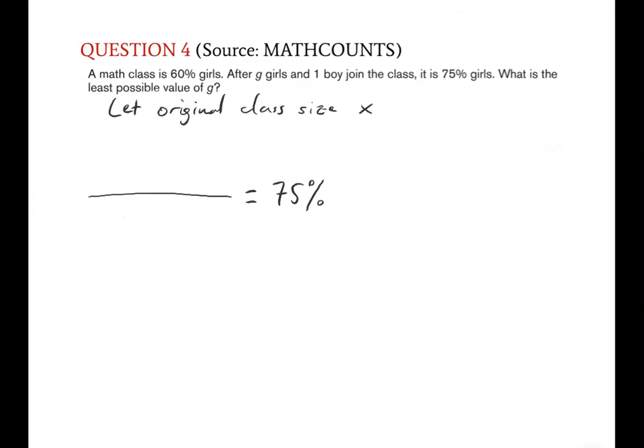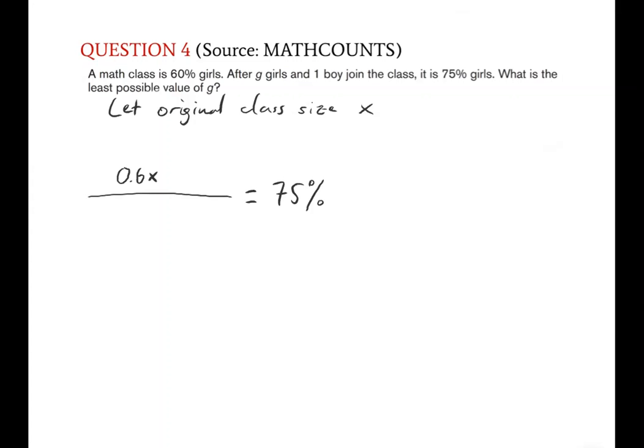So our numerator will be all girls, and the total number of girls is 0.6 times the original class size, and this gets how many girls were in the original class.